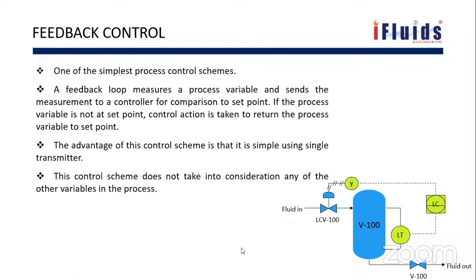So the main advantage is that it's simple. It uses only a single controller, single transmitter. But if there are other disturbances, they will not be taken into account. If outlet flow is also varying due to some pressure differential or any issues, the controller cannot control that.